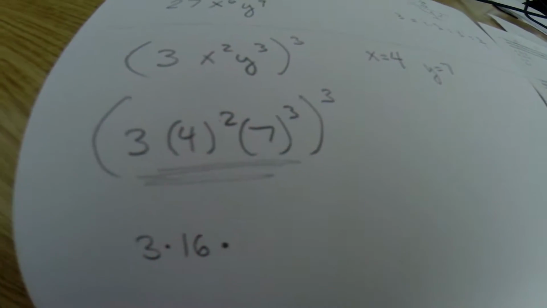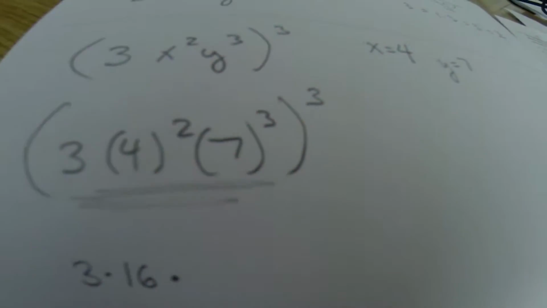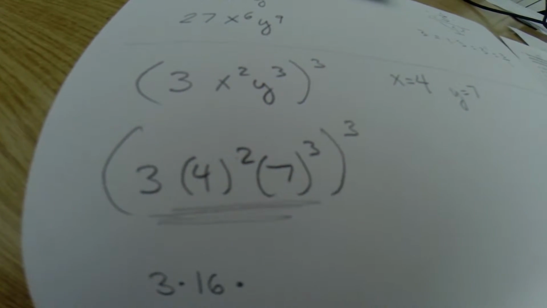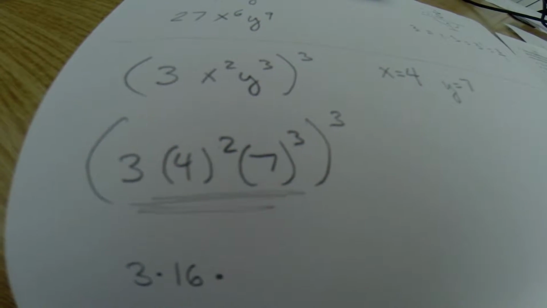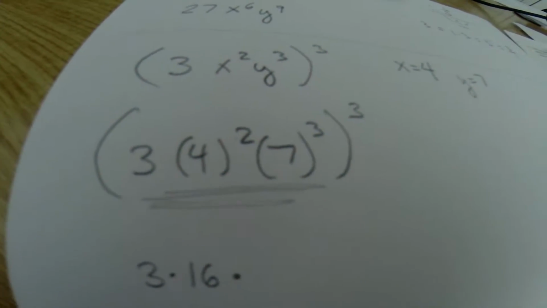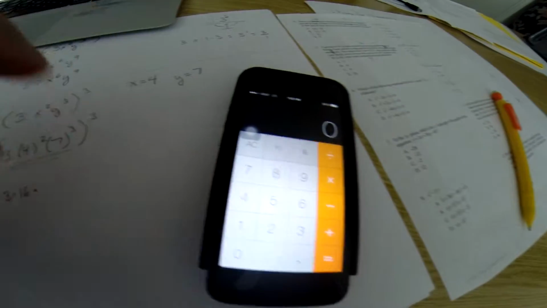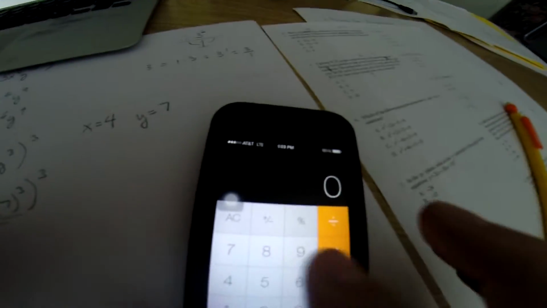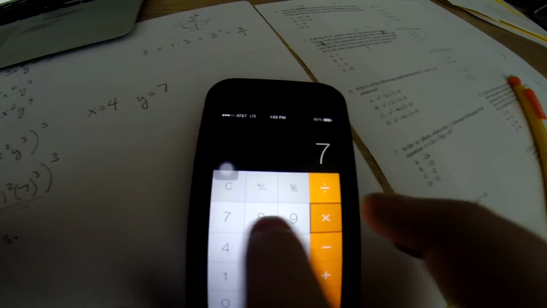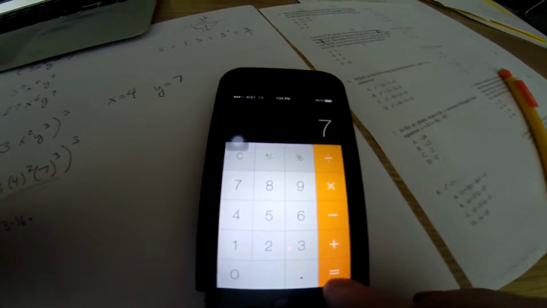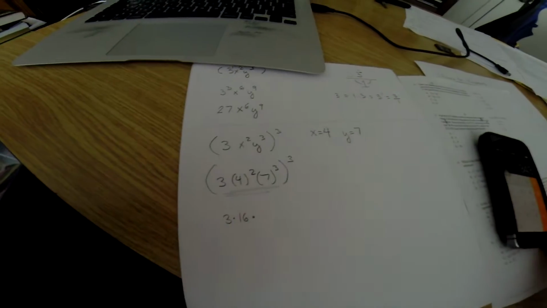I've been avoiding using a calculator this whole time, but I am going to have to end up using one. I don't have a calculator around except for my cell phone, so I'm going to use my cell phone here. So we're going to do 7 times 7 times 7, which is 343. I knew that.